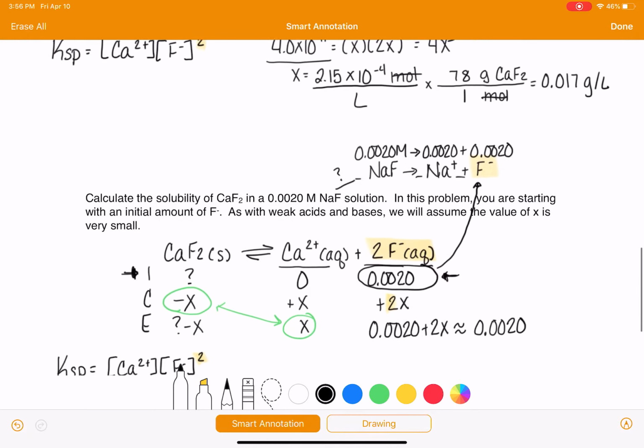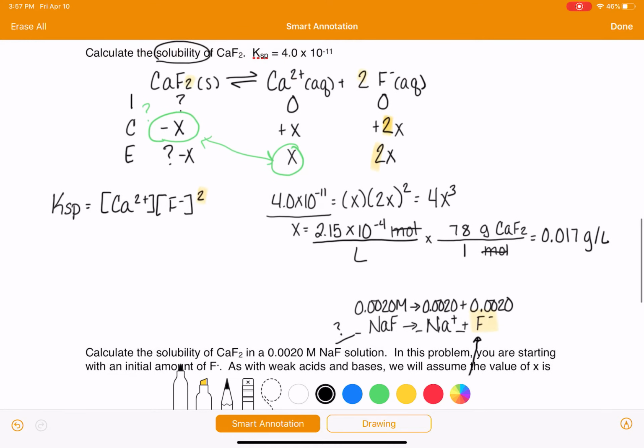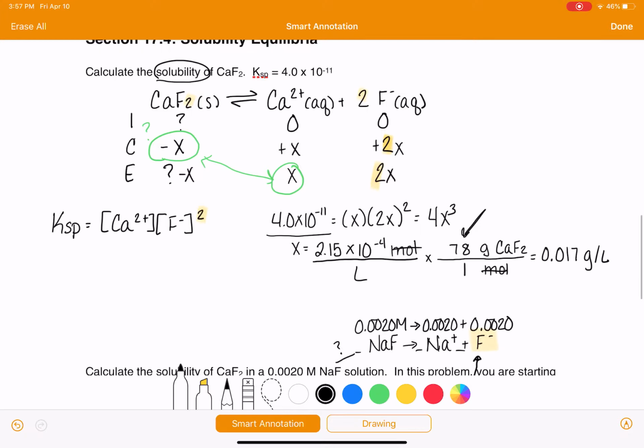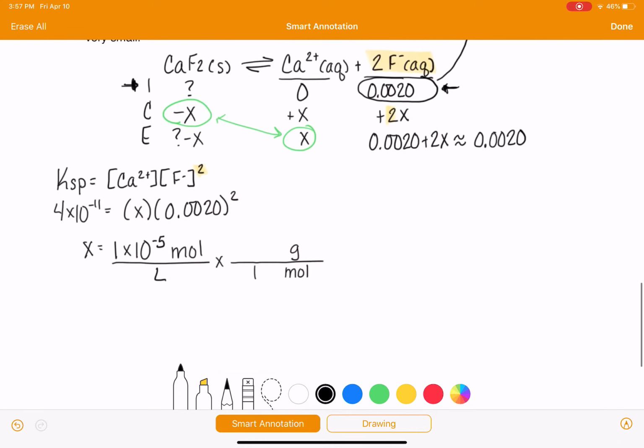We already used it. The molecular weight was right here, 78 grams per mole. And so our answer is 7.8 times 10 to the minus 4 grams per liter.